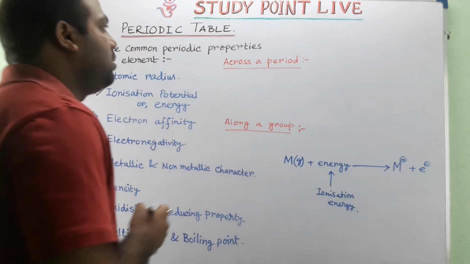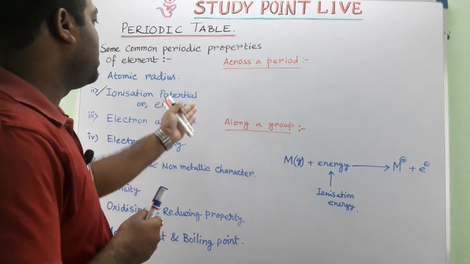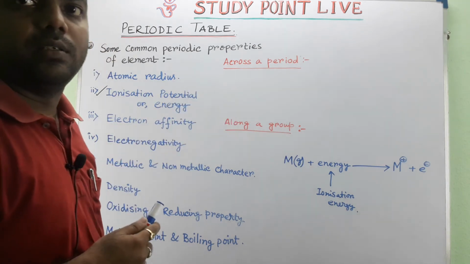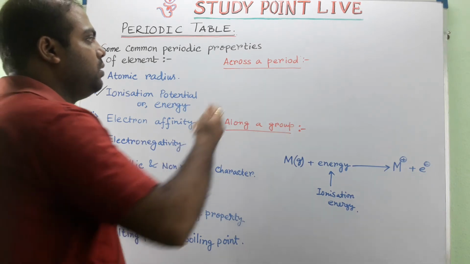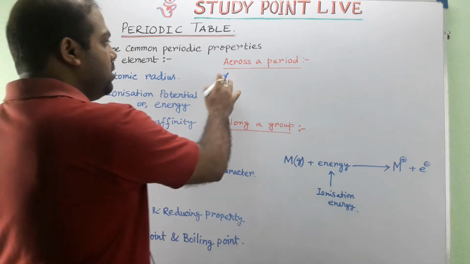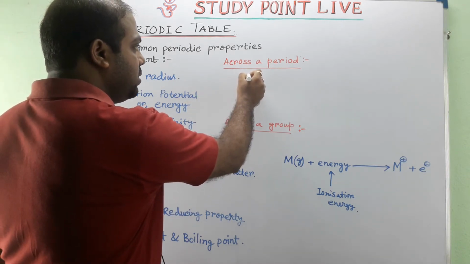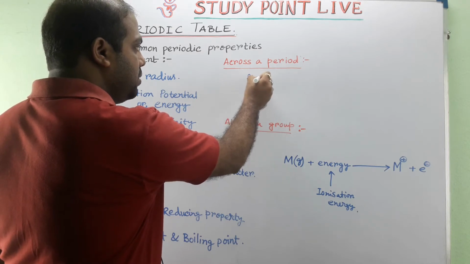Now we are discussing the variation of ionization potential or energy across a period. The ionization energy depends upon the factor, that is atomic radius.